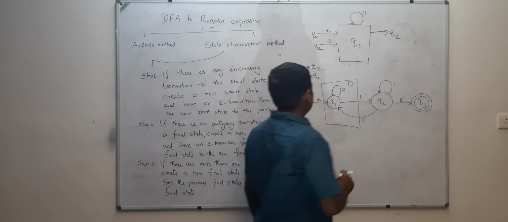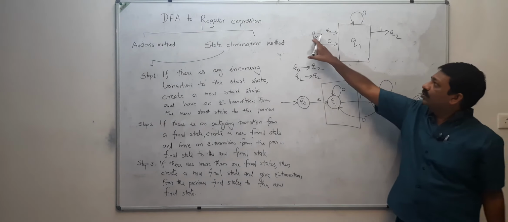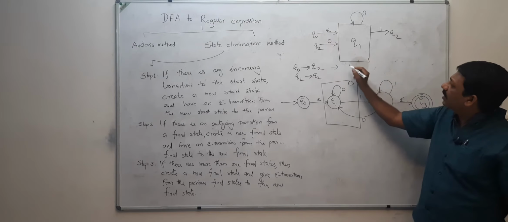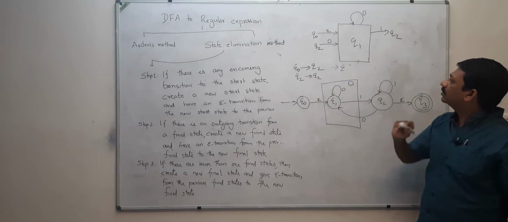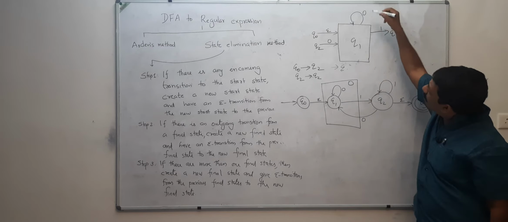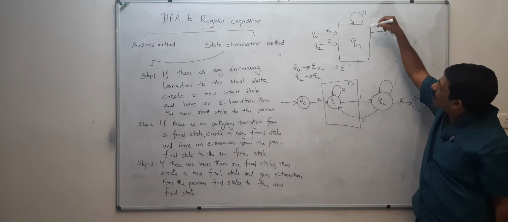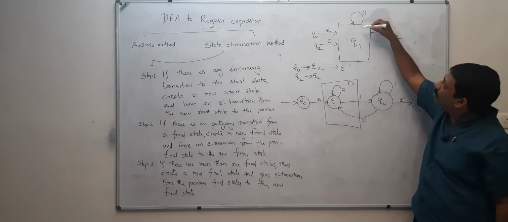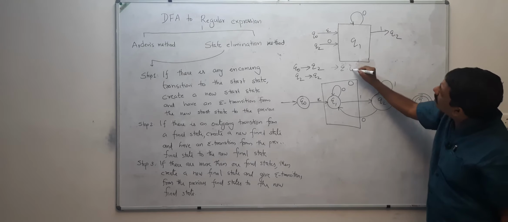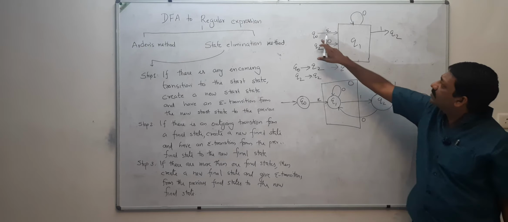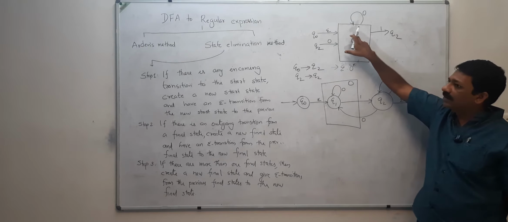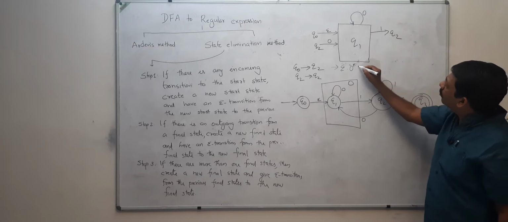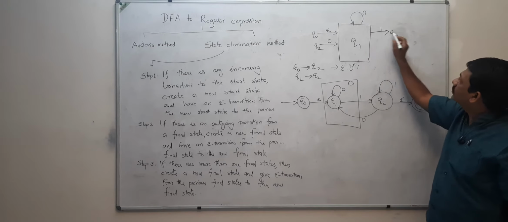From Q0 to Q2, for reaching here you have to use epsilon, then you can stay over here upon 0 star, and on 1 it is exiting and going to Q2.